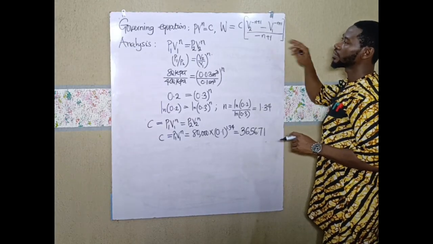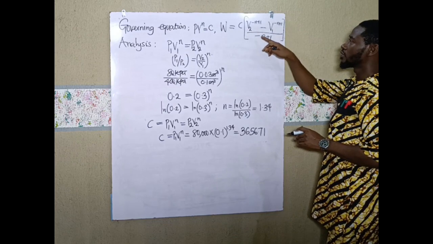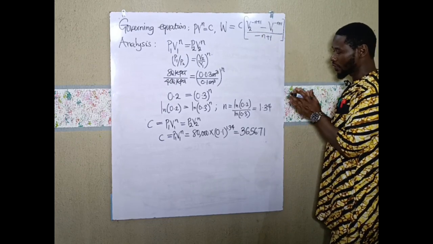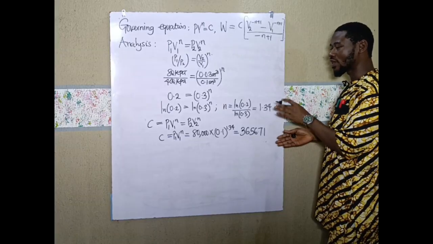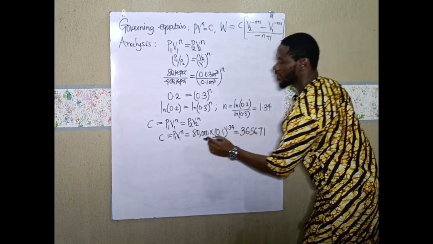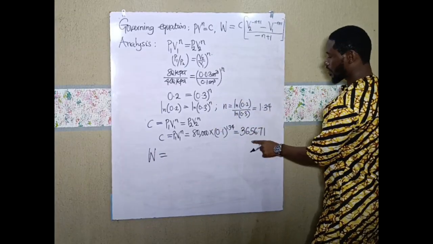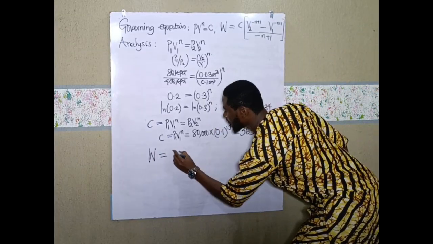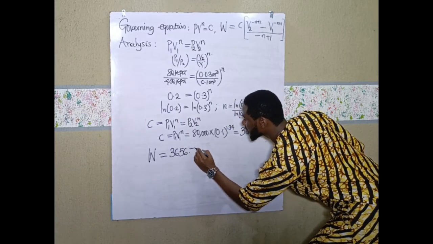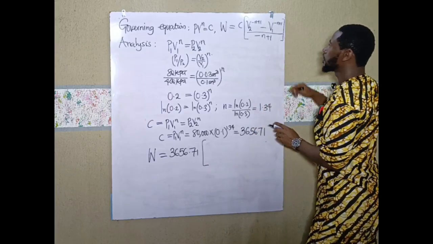Now going back to the governing equation, which is given as W equals C times all this, then we substitute all the given values that we have calculated and the ones that are given in the question into this equation. Now W becomes, C is calculated as 3656.71, bracket open.